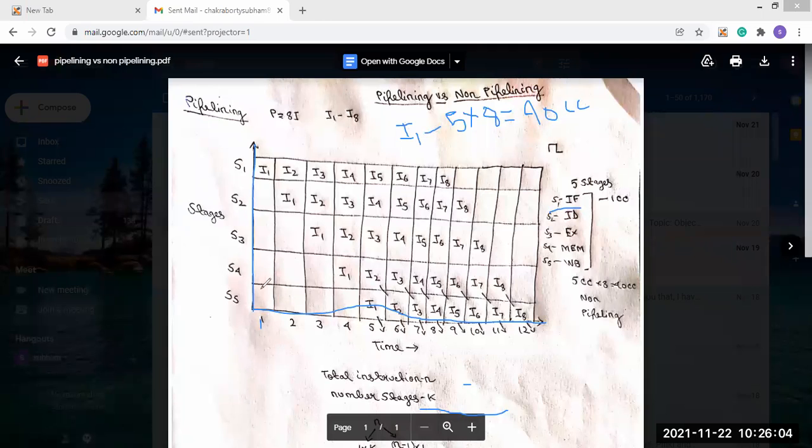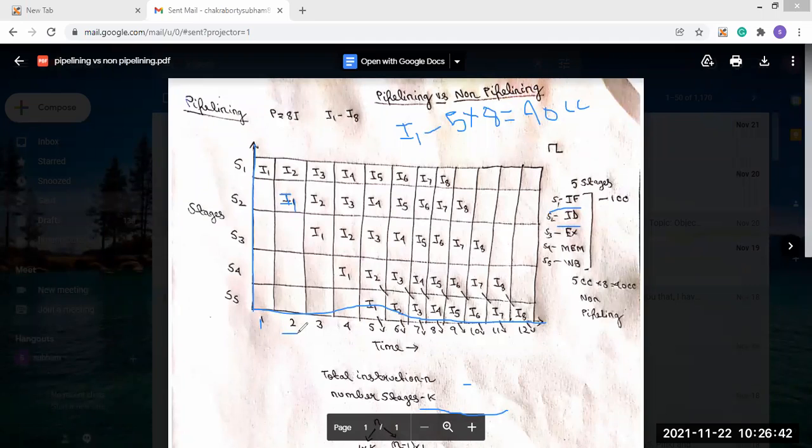Now, after fetching the instruction, I1 will do instruction decode. I1 goes to S2, which is our instruction decode, in the next clock cycle, the second clock cycle.